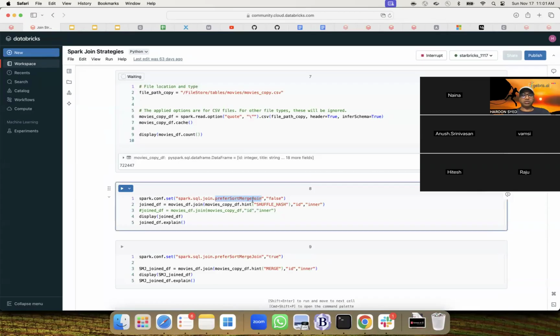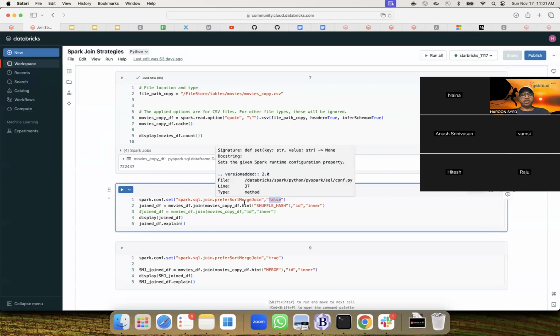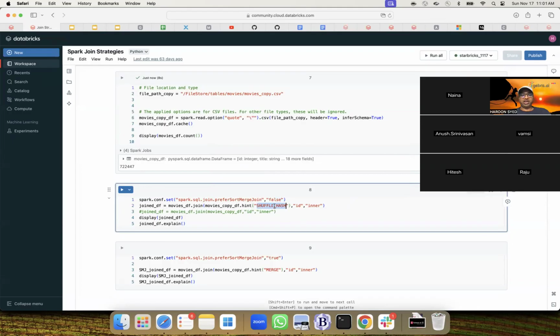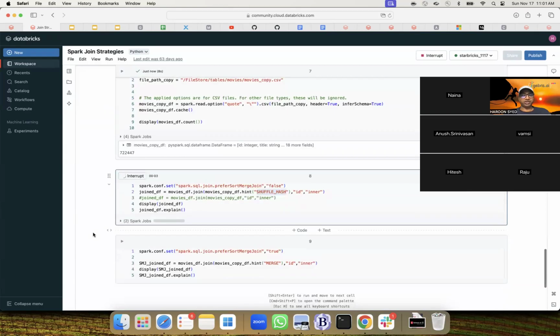Preferred sort merge join, I'm setting it to false, because by default, it will take sort merge join. So I am switching that off and giving a hint to use shuffle hash join instead of sort merge join. Let's see if that does it. It will not anyway use broadcast because both the tables are copies of each other, so they are of the same size. There's no smaller data set to do the broadcast join.